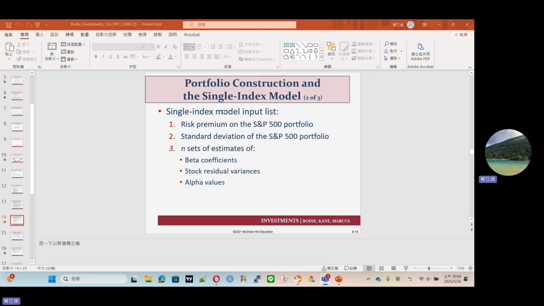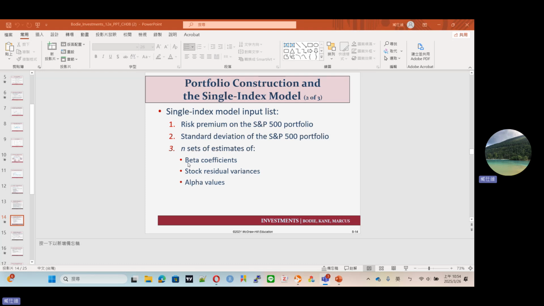Okay, so let's have a conclusion about the portfolio construction and single index model here. Basically we have to find the risk premium. Suppose the market index is S&P 500, so you have to find the risk premium on the S&P 500 portfolio, and the second one, the standard deviation of the S&P 500 portfolio, and sets of estimates.